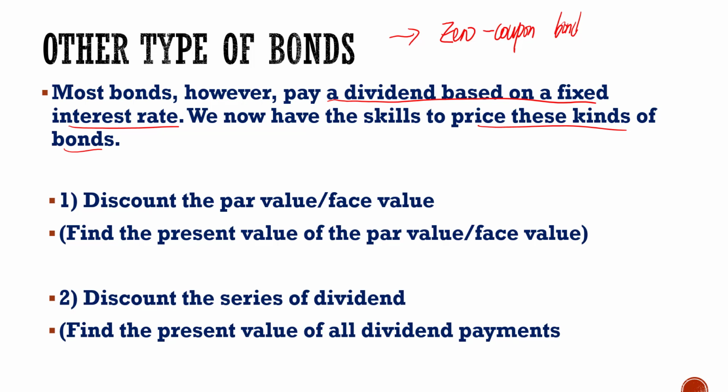So we have two types of discount process. First one is discount the par value or face value, meaning we find the present value of the par value. And the way we do it is using a compound interest formula.